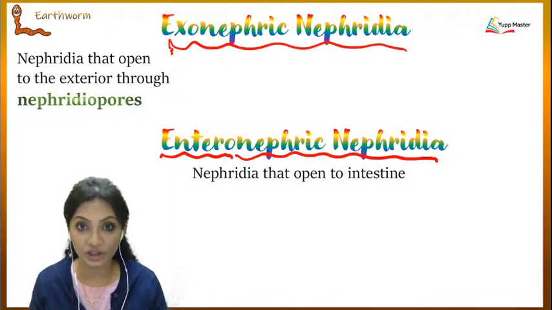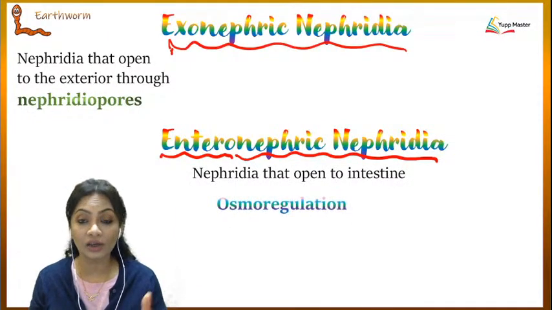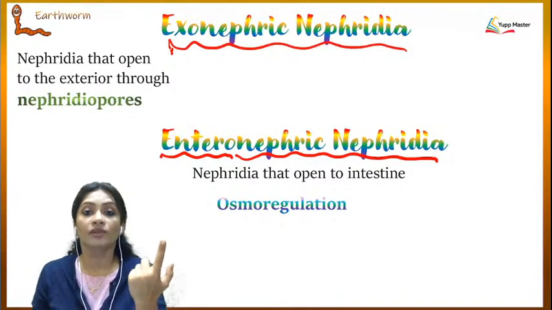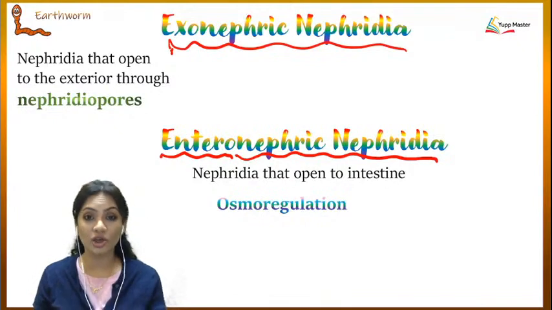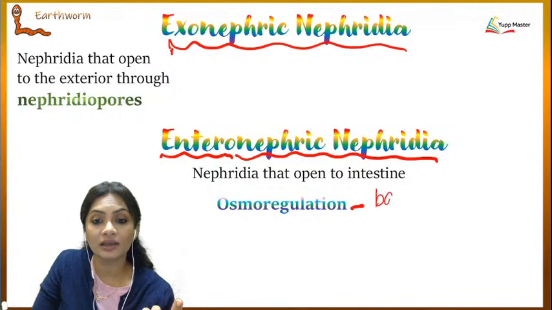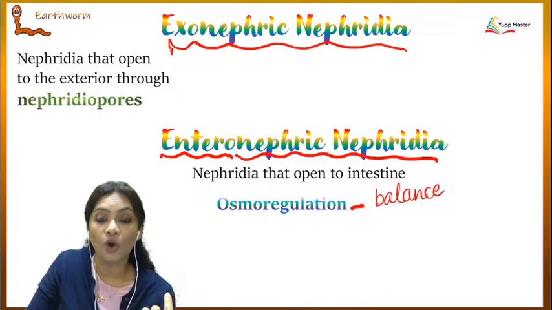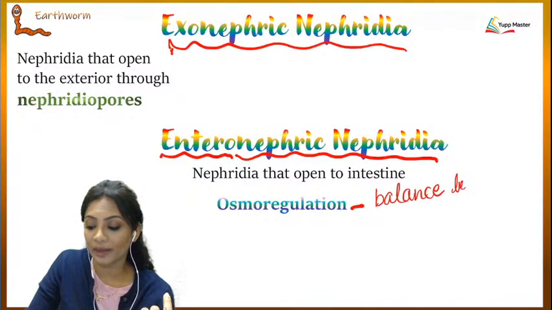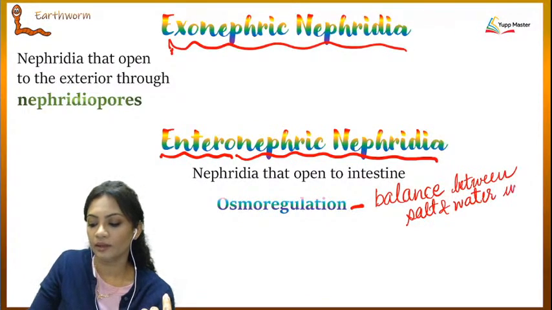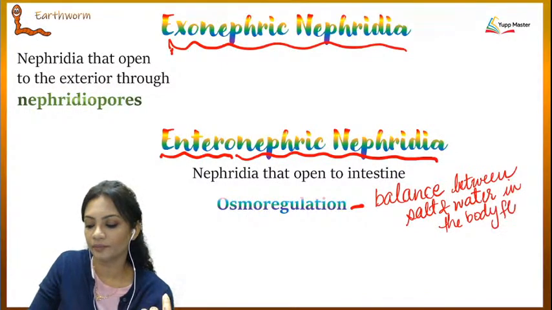But what functions do they do? These are regulating, helping in the earthworm's osmoregulation. What is osmoregulation? Osmoregulation is nothing but a balance to maintain between salt and water in the body fluid.